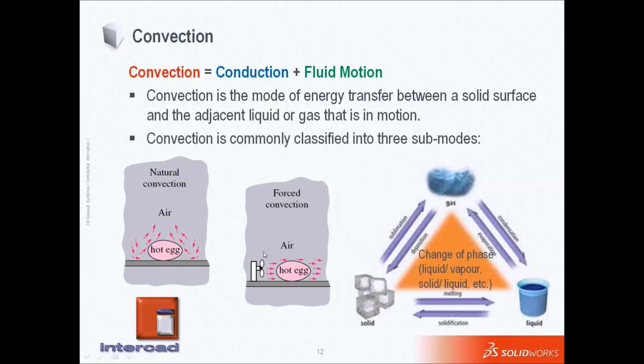If we use any external force to move the fluid over our solid domain, which we call forced convection, we have a different formulation and we treat this problem differently. And we have the last mechanism, which involves change of phase from liquid to vapor, solid, etc. All of these three classifications are convection, where we have contact of a solid with a fluid.